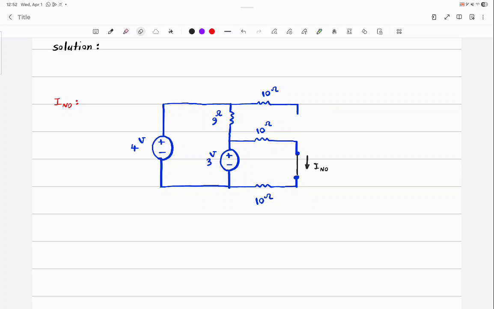So let me first combine these two, since it is obvious. Okay. So I1, I2, and I3.